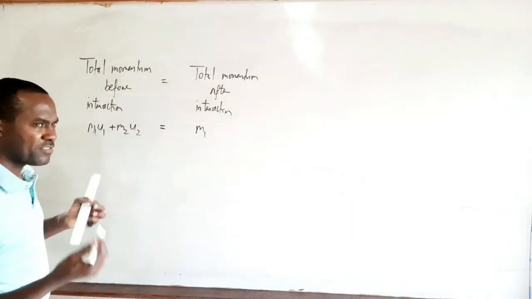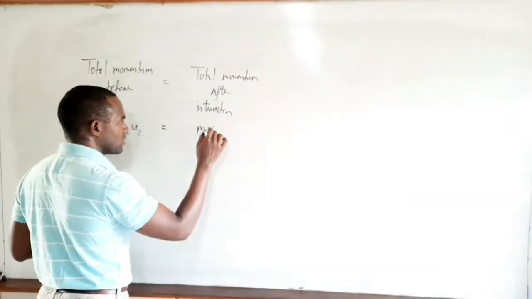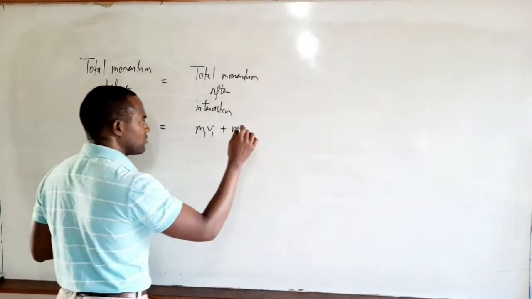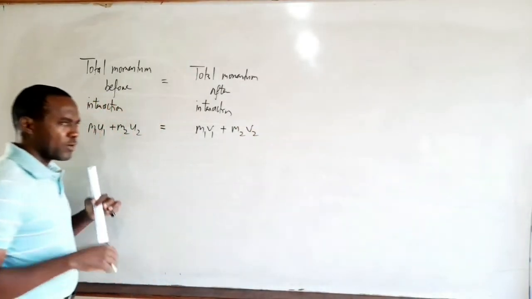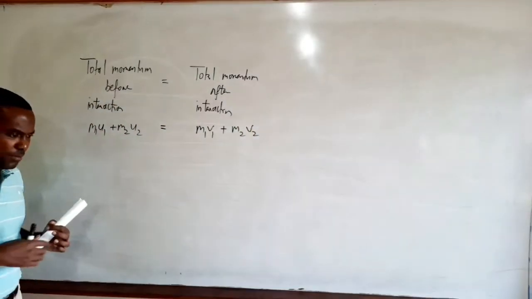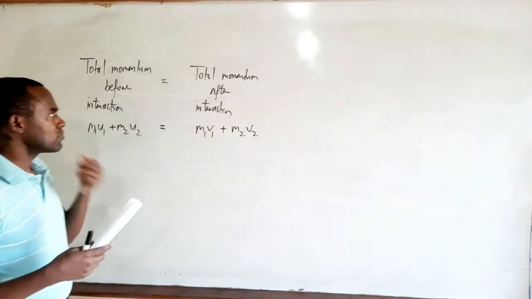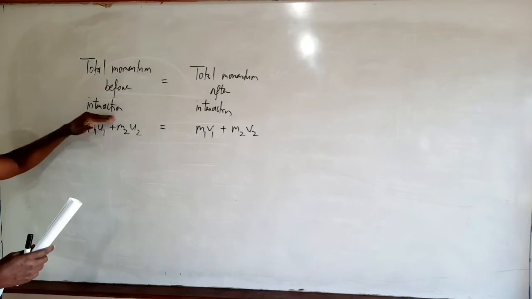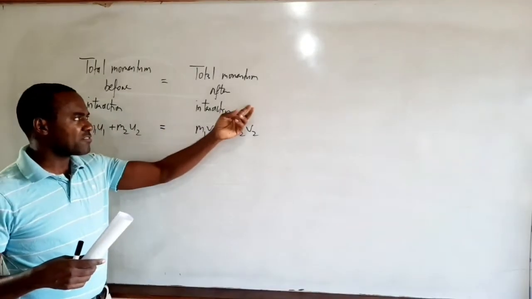Its velocity would have changed to v1, and similarly for body 2, its mass is m2 and its velocity would have changed to v2. So provided that no external resultant force acts on the system, the total momentum before interaction equals the total momentum after interaction.